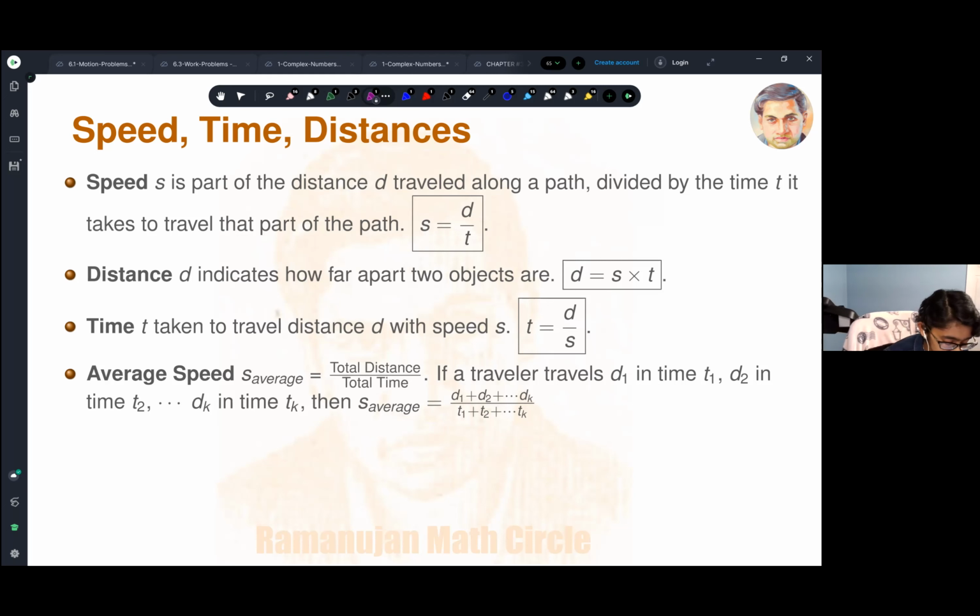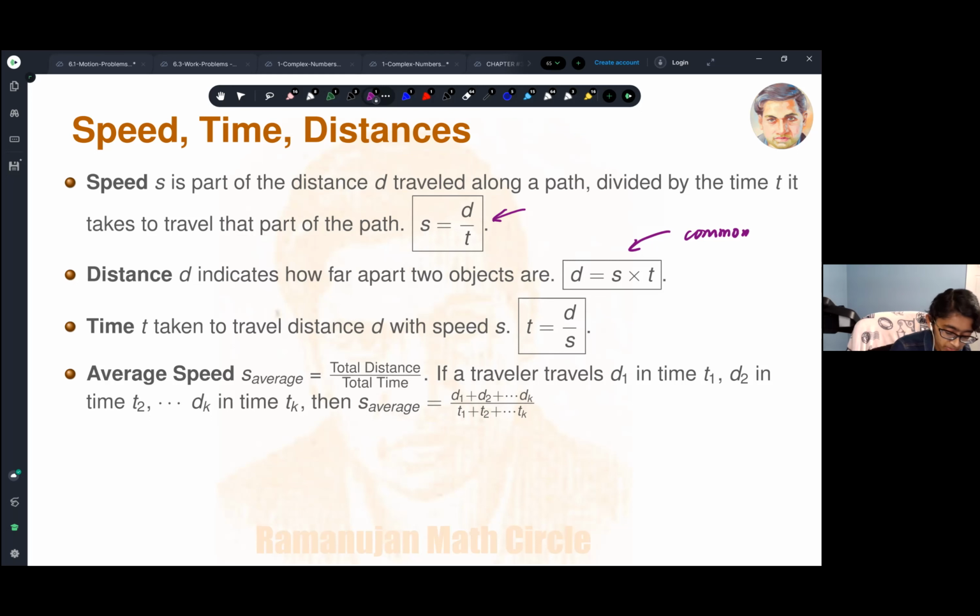So we can say that speed is equal to distance divided by the time. So that's one way to write the relation. We can also say distance is equal to speed times time. This is the most common way of remembering the relation between the three of them, because when you multiply the speed of something by the total amount of time it took, then it's probably the distance.